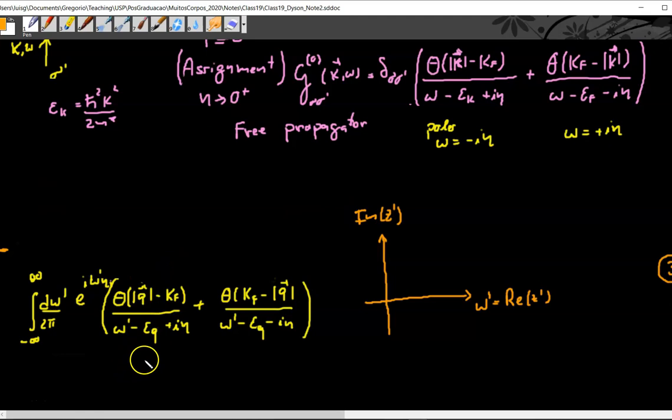Let's call this A. The A poles are here, and the B poles are here.